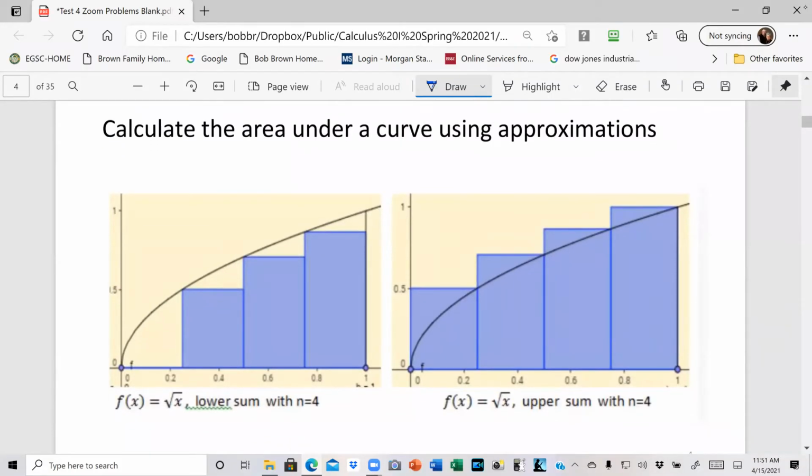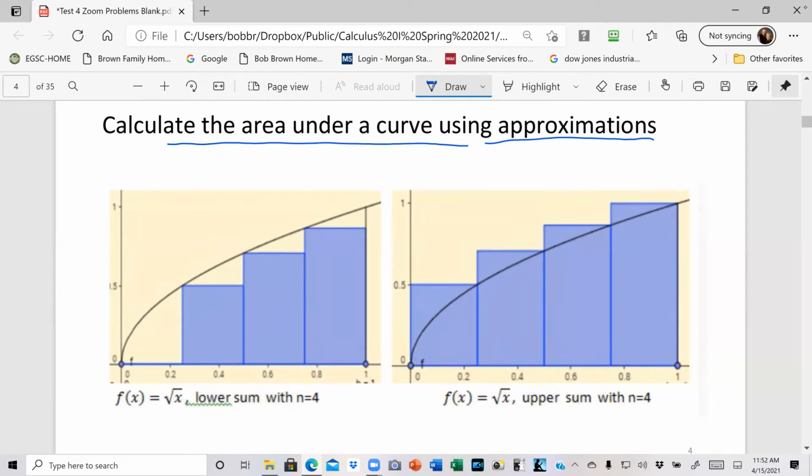We'll also need to understand how to calculate the area under the curve using approximations. And there are all kinds of approximations that one could do with very simple geometric figures like rectangles. For instance, here we have a function, the square root of x, which is graphed here.